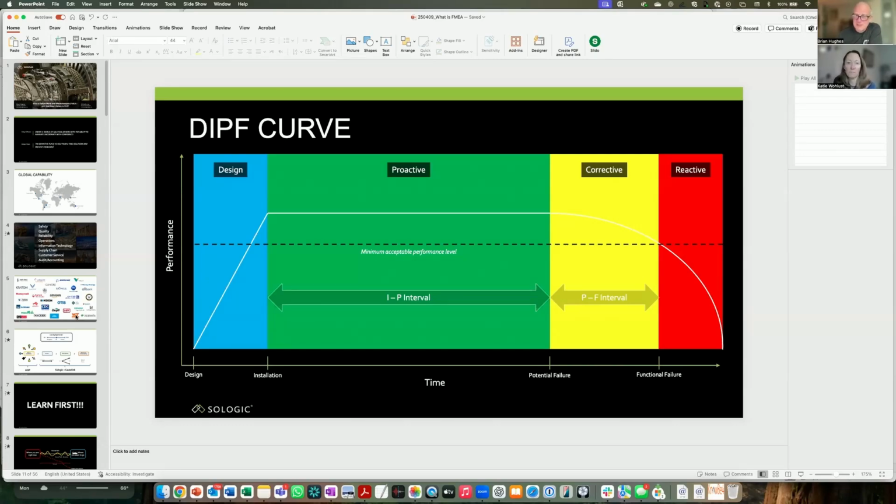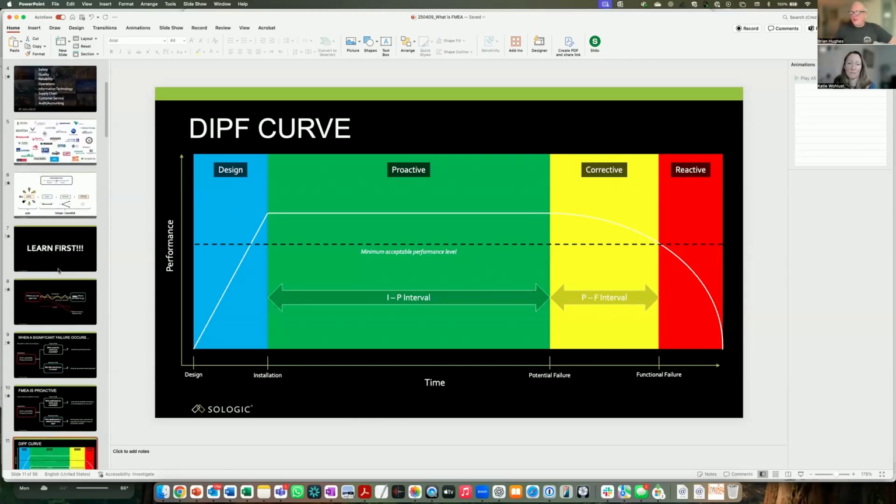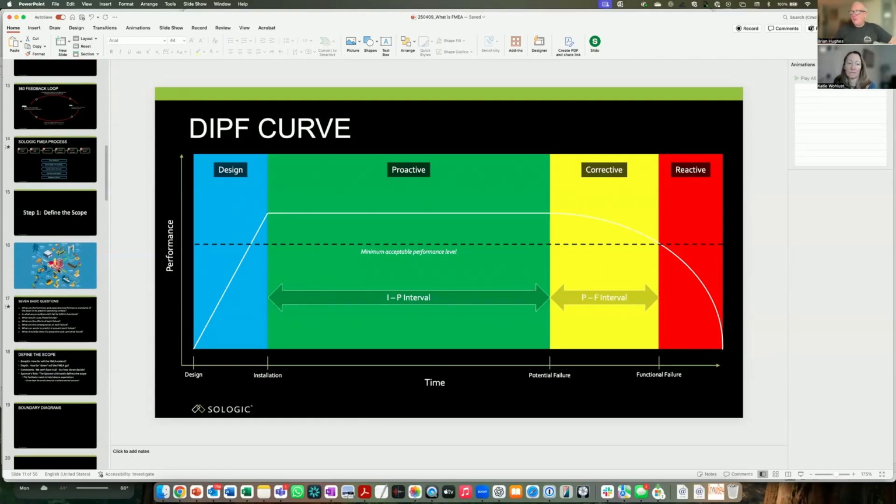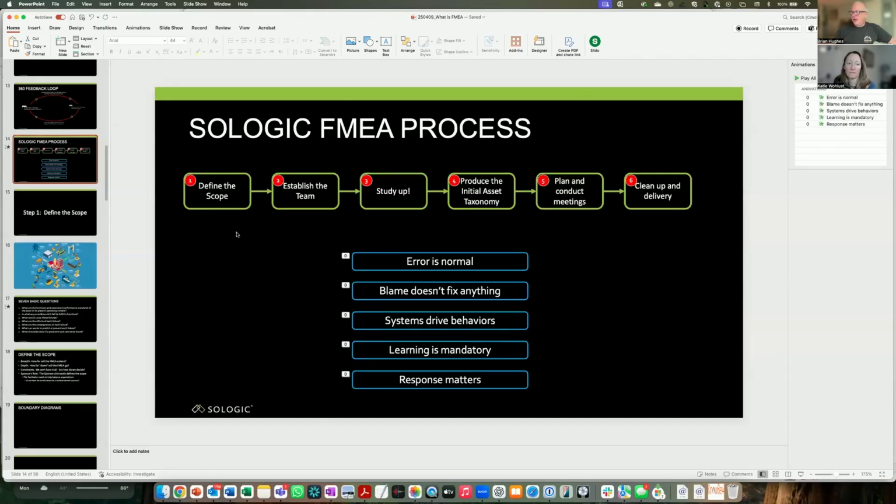Let's do it. So the first thing that we have to do is define the scope. If you were helping me define the scope, how would you do that? What sorts of questions would you ask? I know what I would ask, but how would you ask those questions? Your first step is to define the scope of the FMEA.